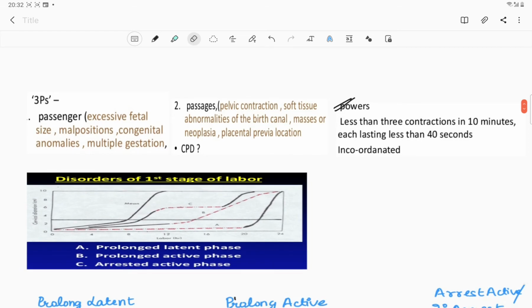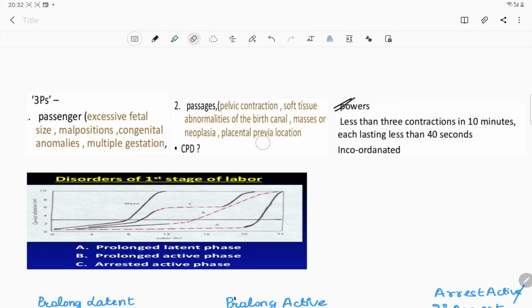The most common cause is power, meaning less than 3 contractions in 10 minutes lasting for 40 seconds. And another is passenger. Passenger means the fetus, which may be of excessive fetal size, malpositioned, or having congenital anomalies.